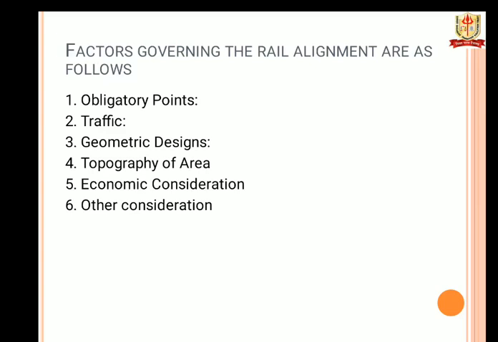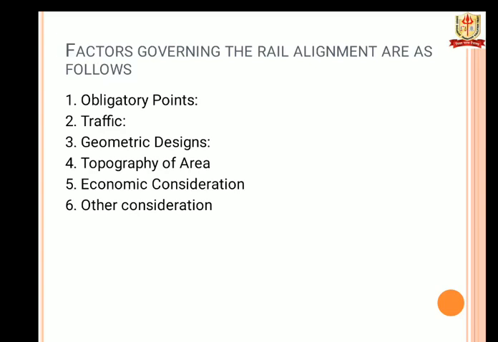Second is the radius of curve. Next, the use of curves should be particularly avoided. Large bridges should be crossed by alignments at right angles. The effect of rise and fall of ground should be considered, and the effect of distance on operation expense should be considered.